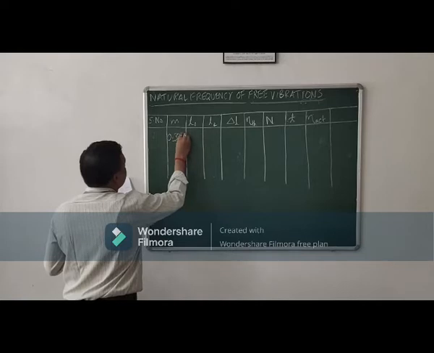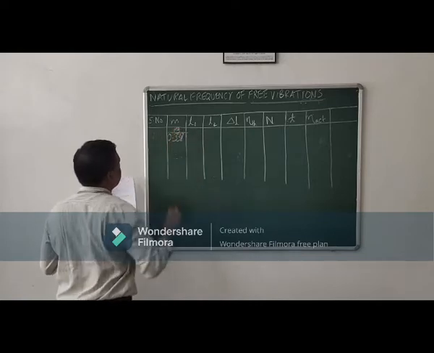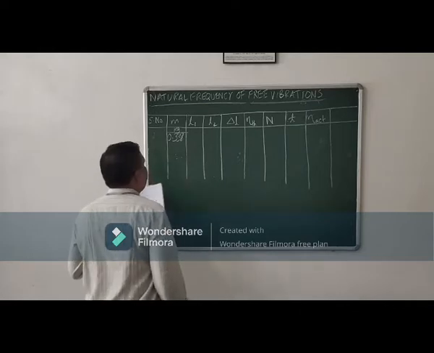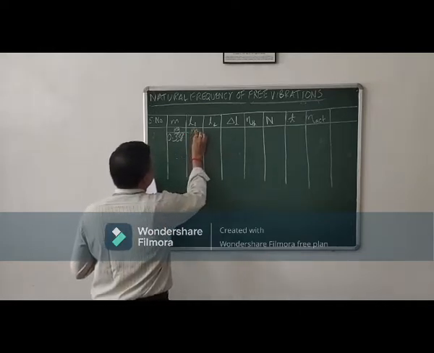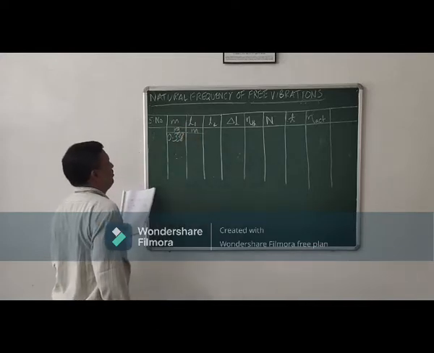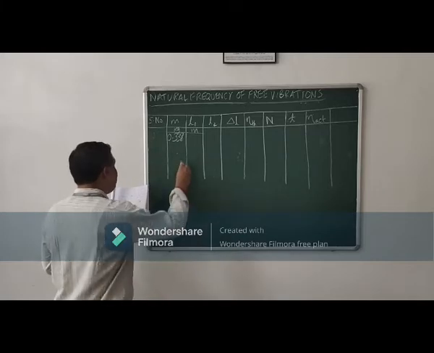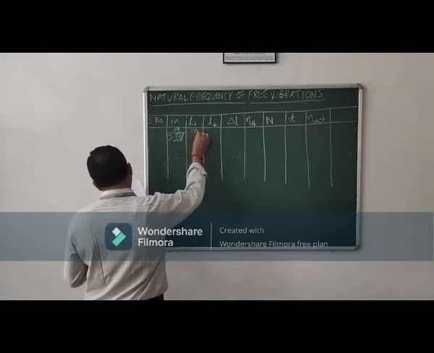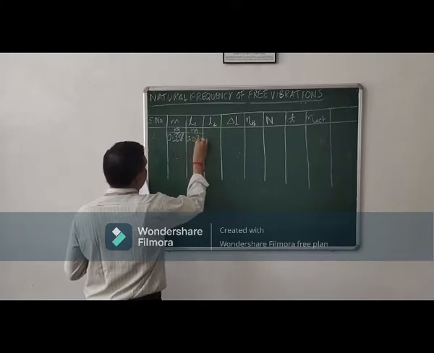So, the mass is 0.338 kg, kg is the unit, and L1 is the unstretched length, before the mass is attached to the spring. L1 in meters is 0.075.